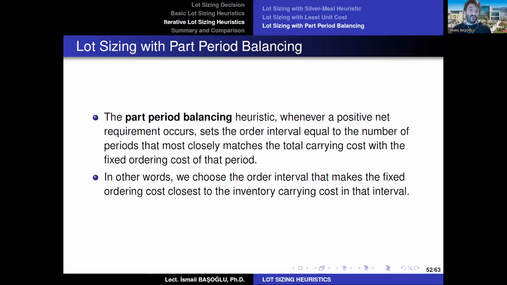Remember, when we were studying the basic economic order quantity model, we developed the economic order quantity formulation by analyzing the total cost function, and we said that the order quantity that minimizes the total cost function was called the economic order quantity, okay?